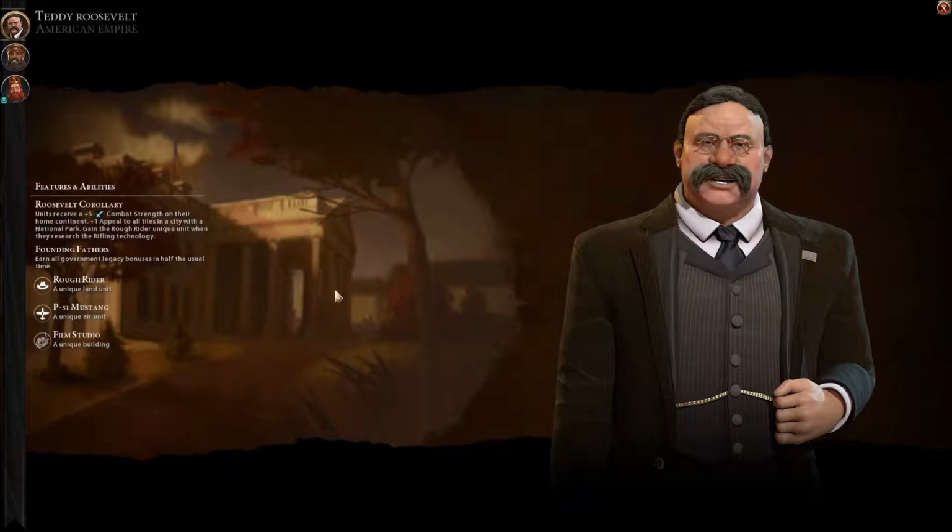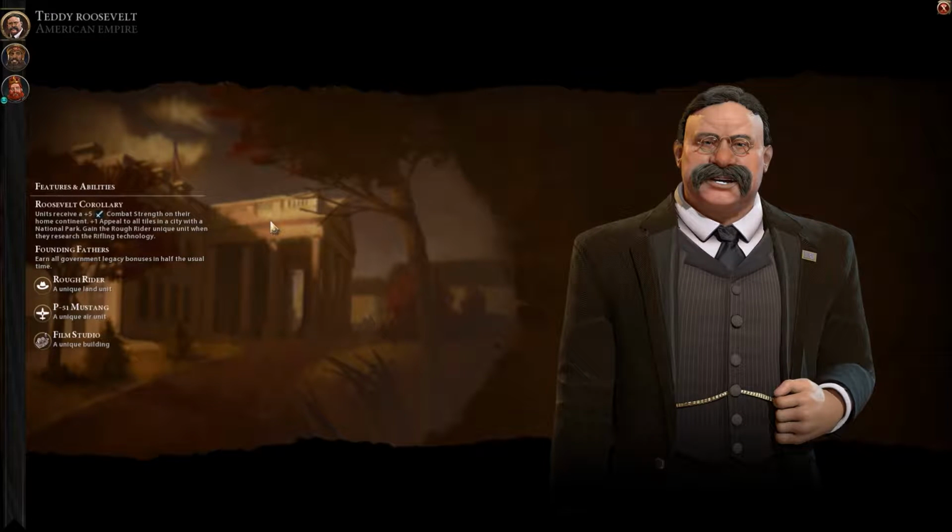And one thing that's actually, I think, really cool is that they had Teddy Roosevelt as the American leader, now with this feature here. Roosevelt has the Roosevelt Corollary. What this refers to is something that Roosevelt coined about the time that he was starting to do his gunboat diplomacy.